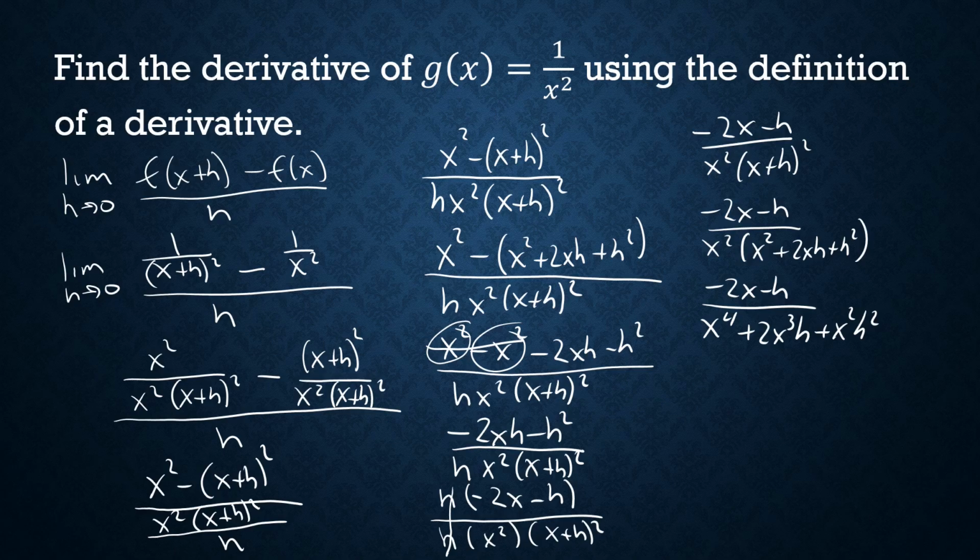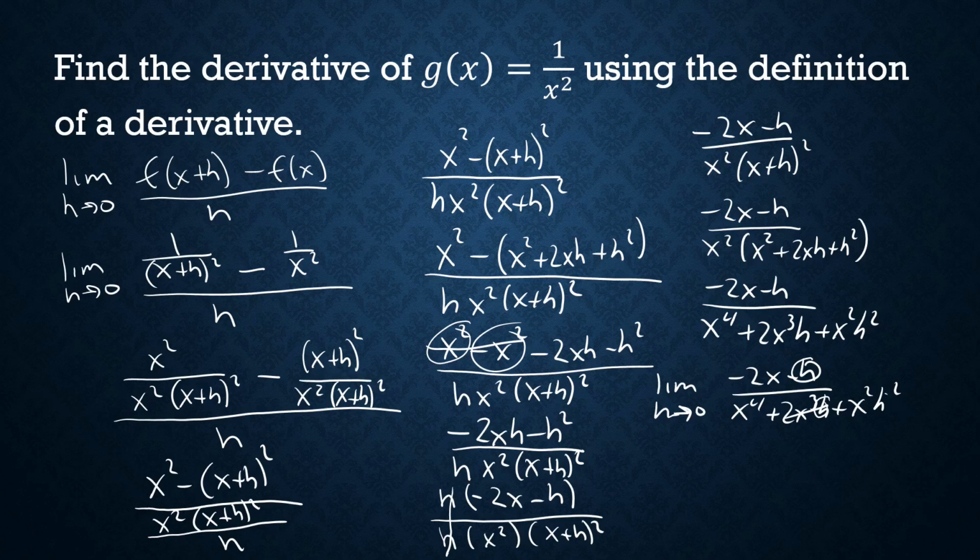Now from there I can't reduce any farther, so now I'm going to take my limit as h approaches 0 of negative 2x minus h over x to the fourth plus 2x to the third h plus x squared h squared. So I plug in 0 for h, this will go away. Down here times 0, makes this whole thing 0.